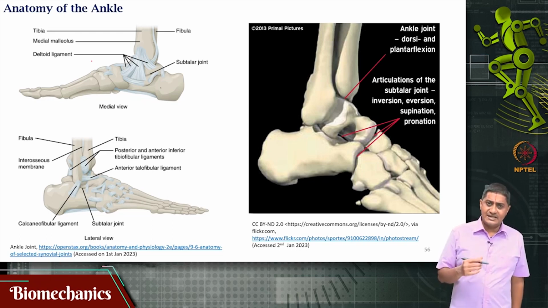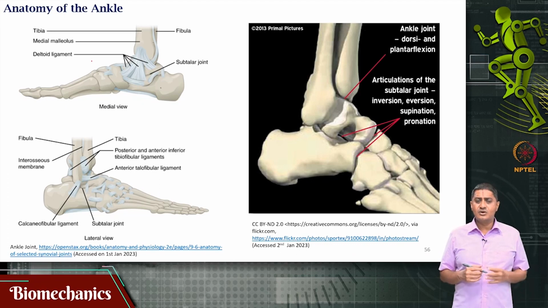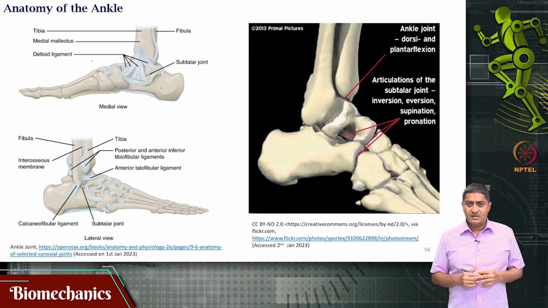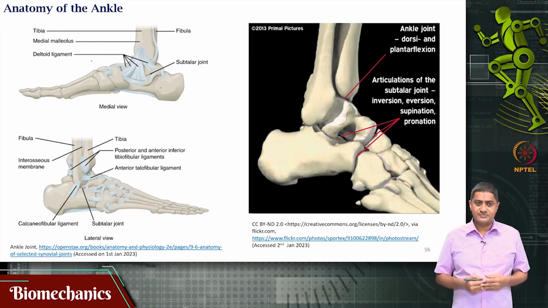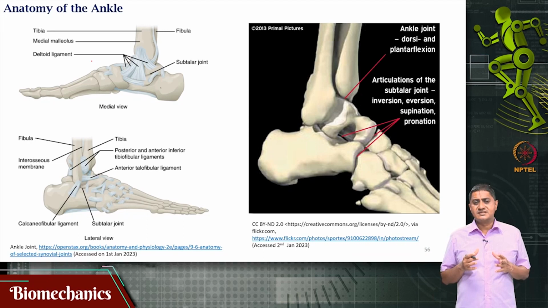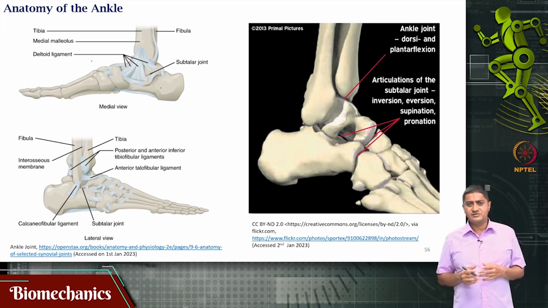But below the talus there is the so called subtalar joint, and there are other joints present at the calcaneus bone, between the talus and the calcaneus bones, and movements that are happening at the tarsal bones.